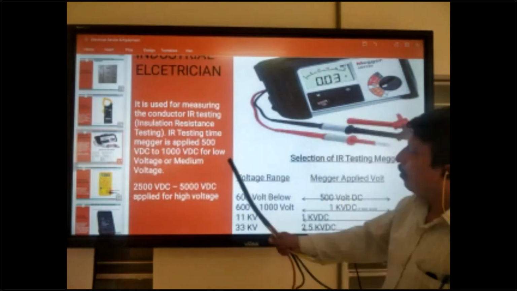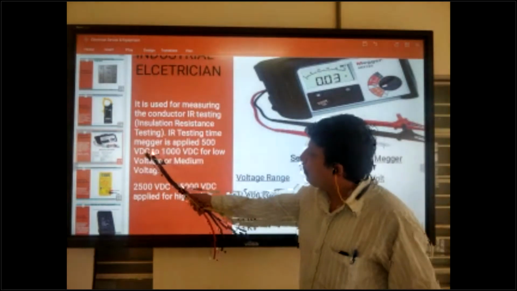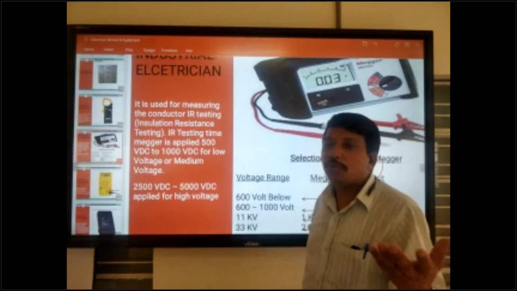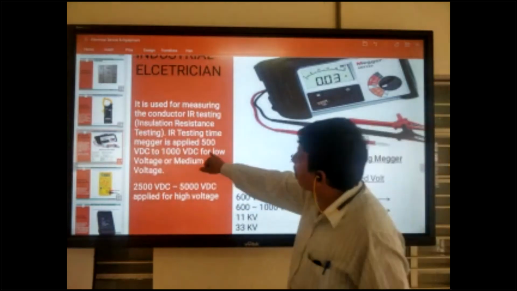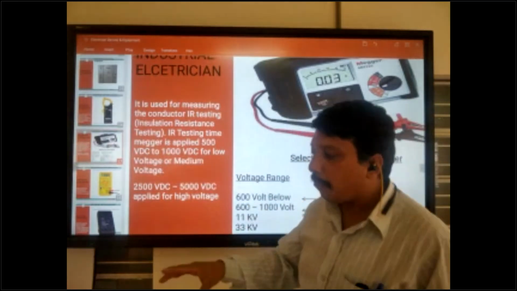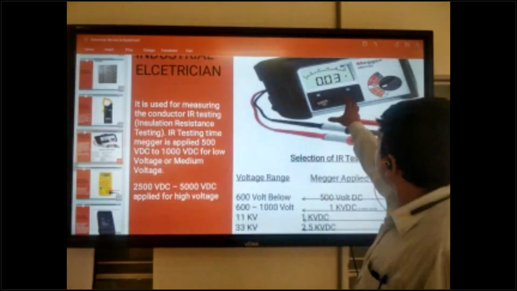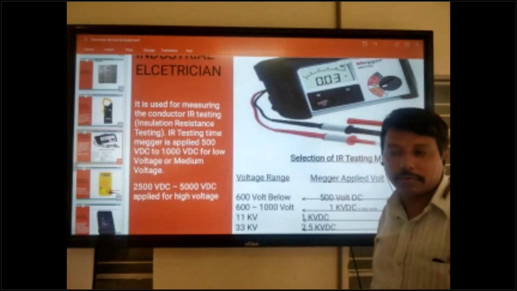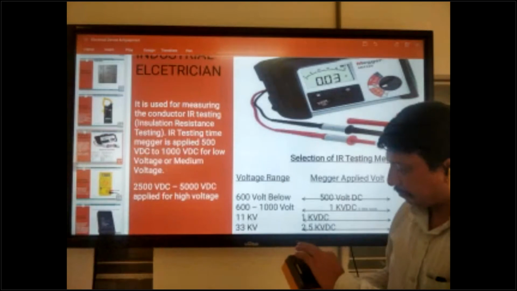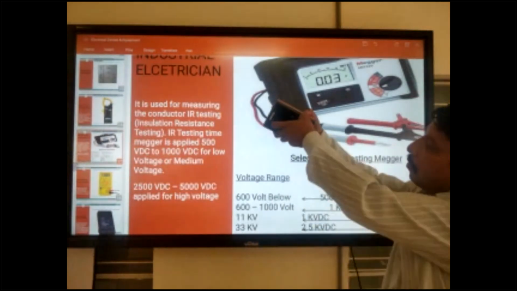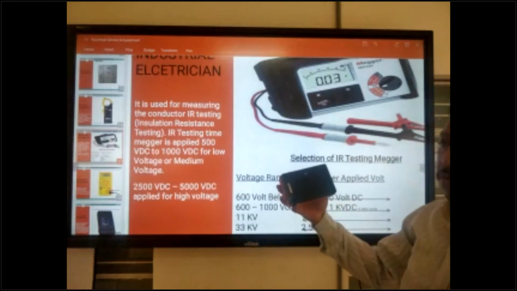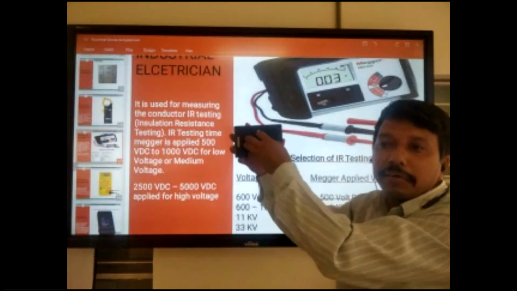So we need 500 volt DC to 1000 volt DC. Now a question comes: why DC? The megger also uses DC volt. This is your megger, and inside it has a battery system. We can use only battery.